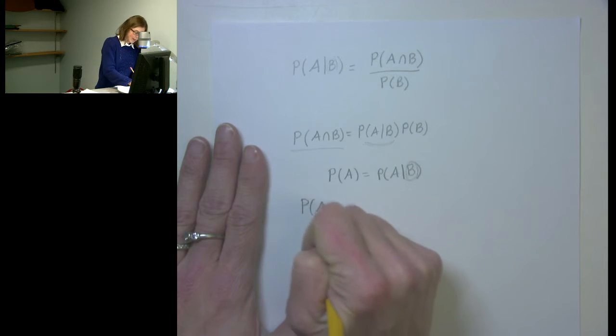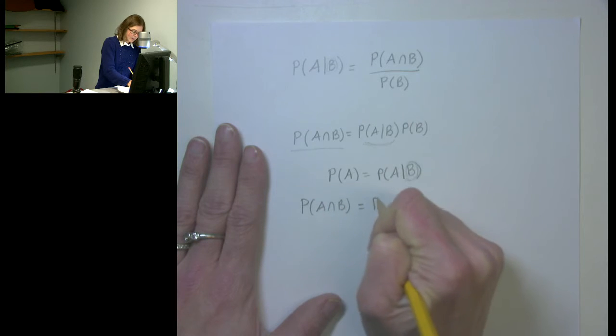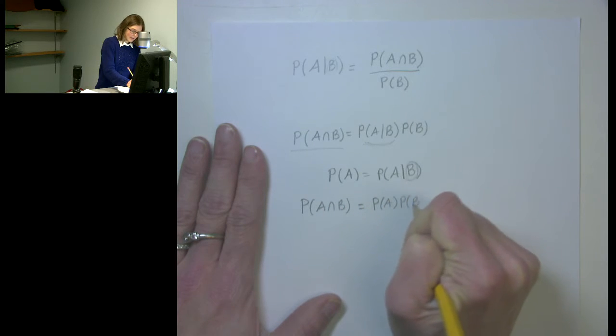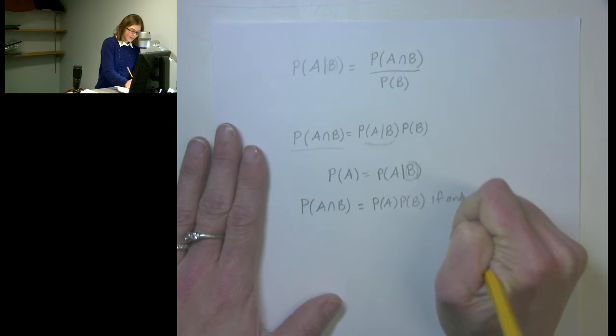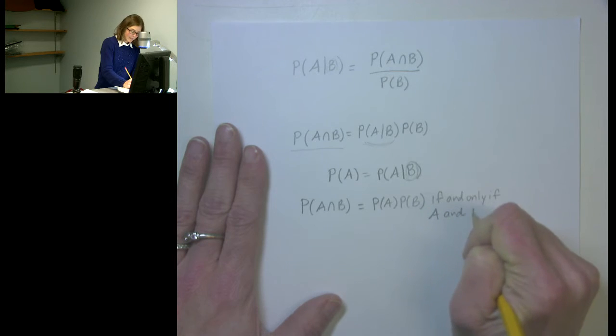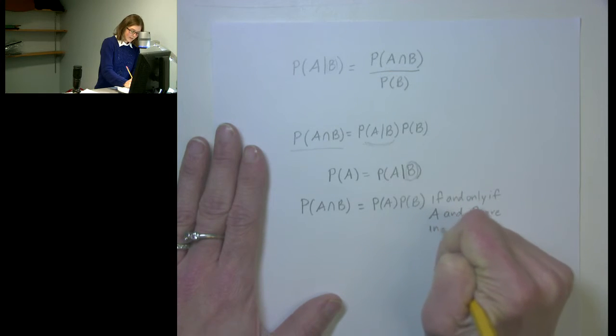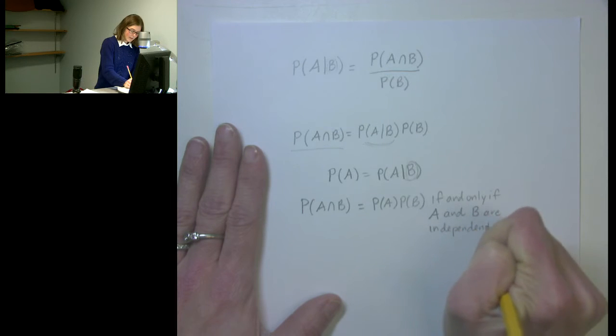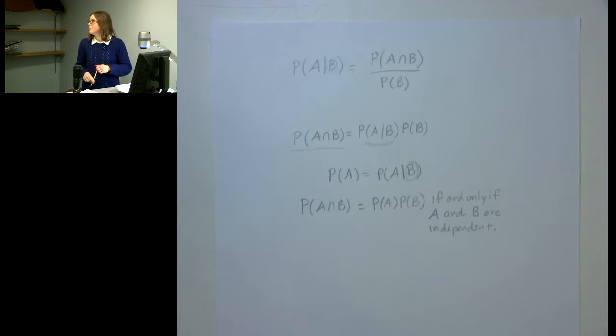So the probability of A intersect B equals the probability of A times the probability of B if and only if A and B are independent. So just to reinforce that: even after this section, often we'll see people multiplying probabilities when we don't have independent events. So that's something to be really careful about, not to fall into that trap, because I think a lot of people have seen those types of problems before where they were working with independent events.